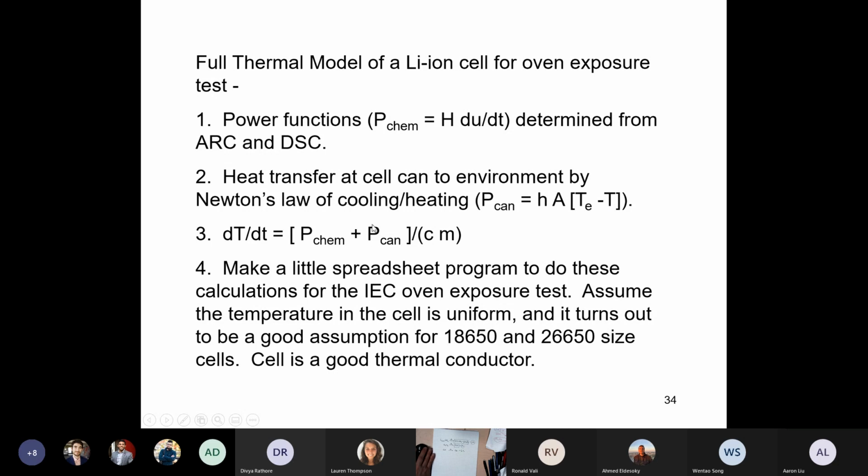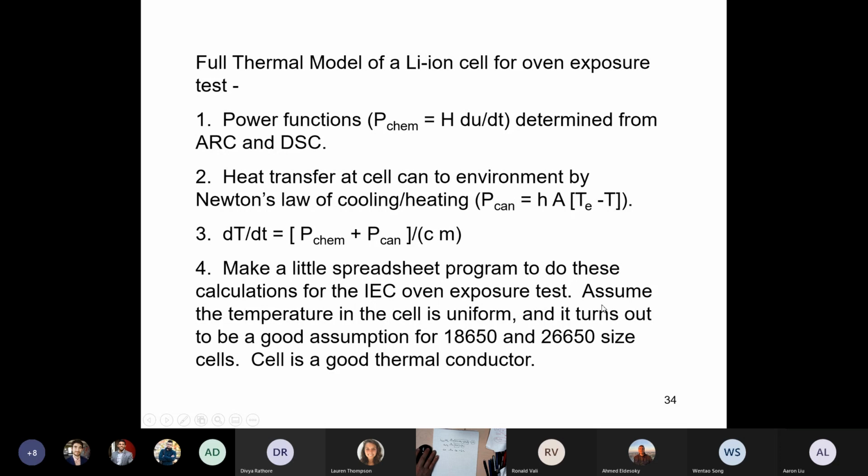But then once the cell reaches the oven temperature and starts to go above the oven temperature because of the chemically generated heat, this term becomes negative. And you divide it by the specific heat of the cell, and you multiply by the mass of the cell. So it's very simple once you know what the reaction kinetics are. But determining those is a lot of work. And then you can make a little spreadsheet program to do these calculations for the oven test.